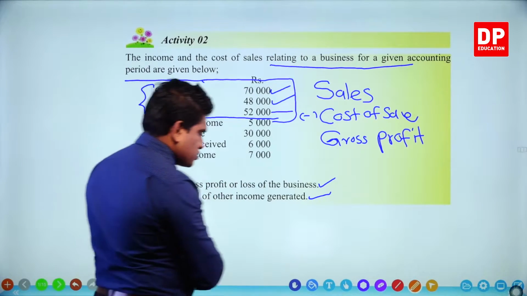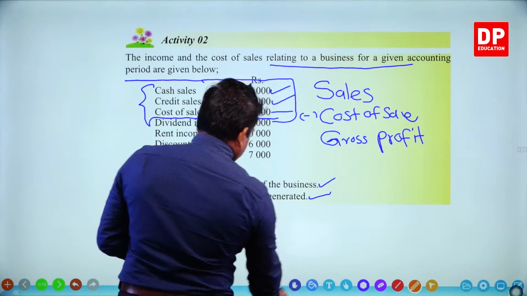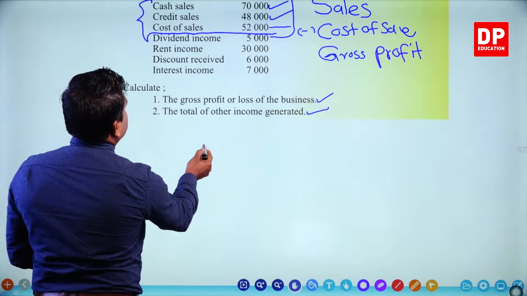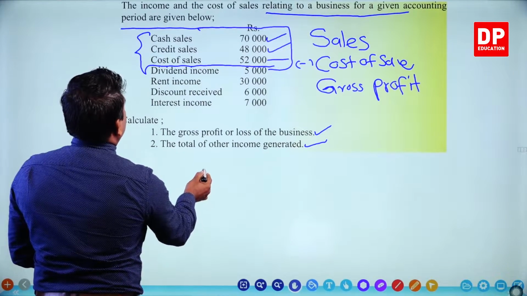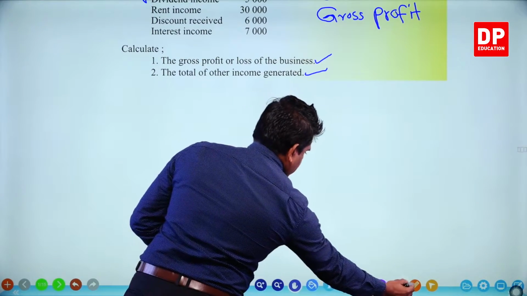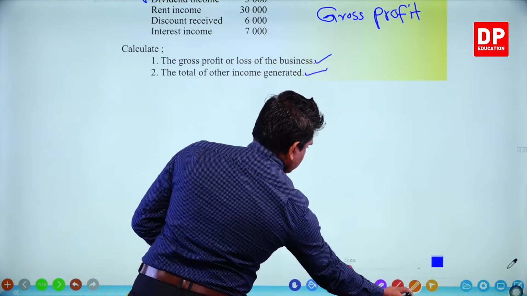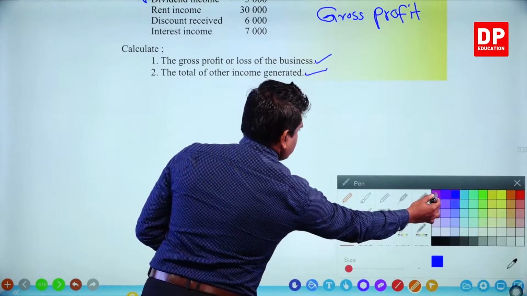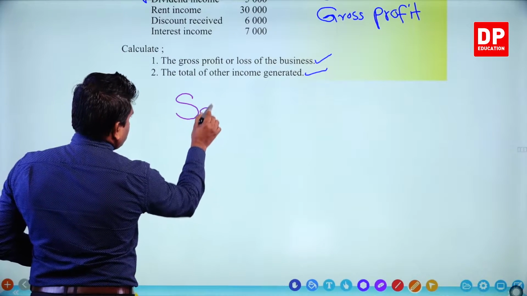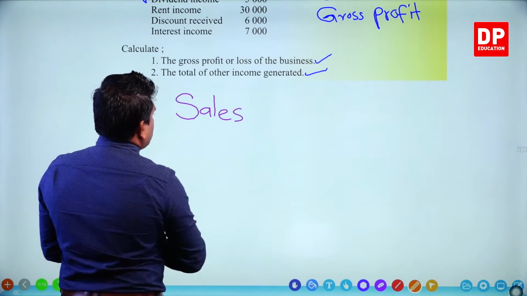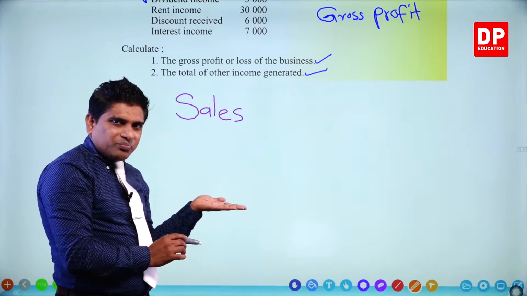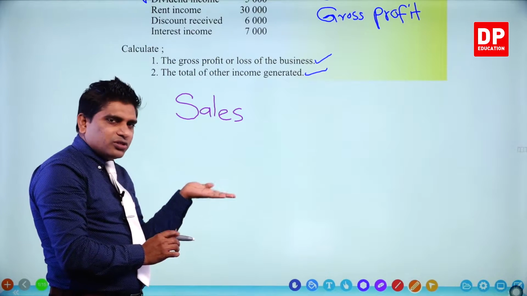Now, we'll see how to do the question. First, I use total sales. How do you calculate total sales? Here, if you want, you can write credit sales and cash sales separately, but then you have to use more space.